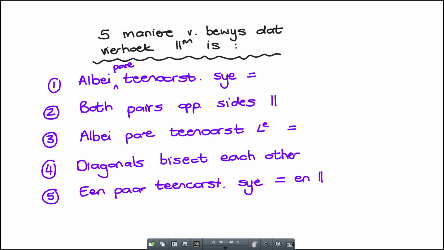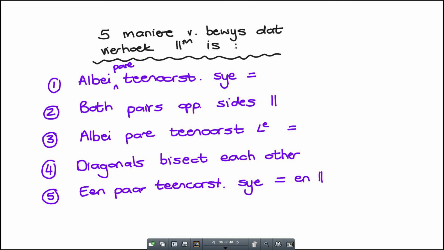what else do we know about a parallelogram? Albei pare teenoorstaande hoeke is gelyk. So if this is my parallelogram, I've got to prove that these two are equal and those two are equal. So both pairs. This is a pair and that's a pair. Gaan wys my dat albei pare teenoorstaande hoeke is gelyk. Good. At number 4, diagonals bisect each other.